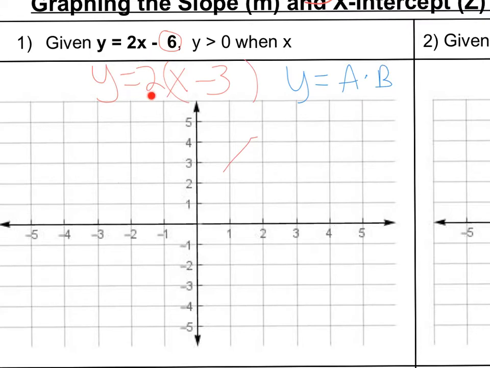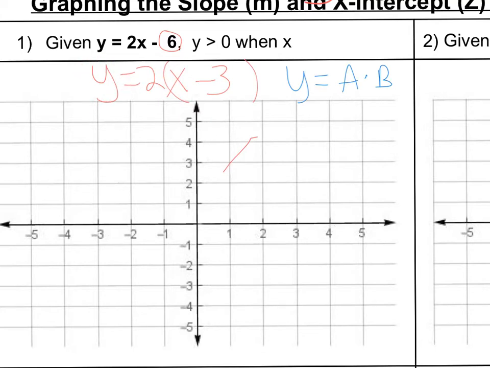So when I look at this, I've got a 2 here. Can that 2 ever be 0? No, it's 2. What about this factor, x minus 3? Can that ever be 0? Well, that can be 0 if x is 3. So if x is 3, I get 3 minus 3, which is 0, and then 2 times 0 is 0. And then y equals 0.